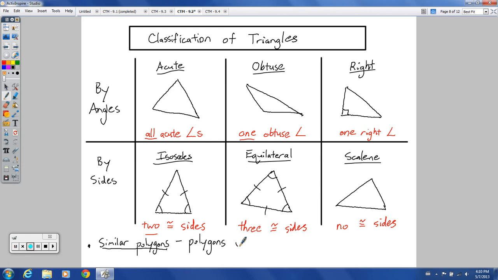Polygons where, if I write CORR, that is shorthand for corresponding, where corresponding angles, so angles that match up, in other words, have equal measures, and where the sides are proportional. So where corresponding sides are proportional.